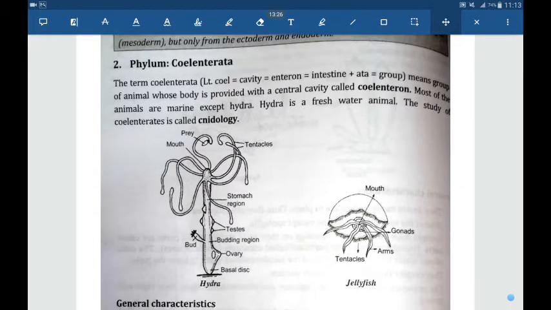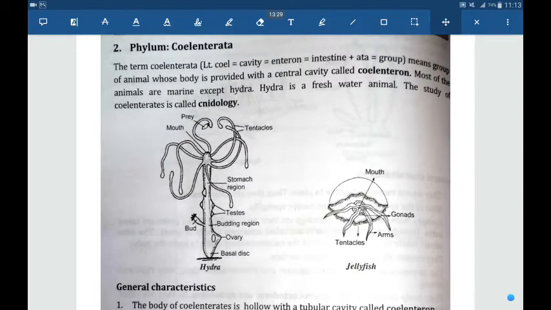Now, dear students, we are going to discuss phylum Coelenterata.